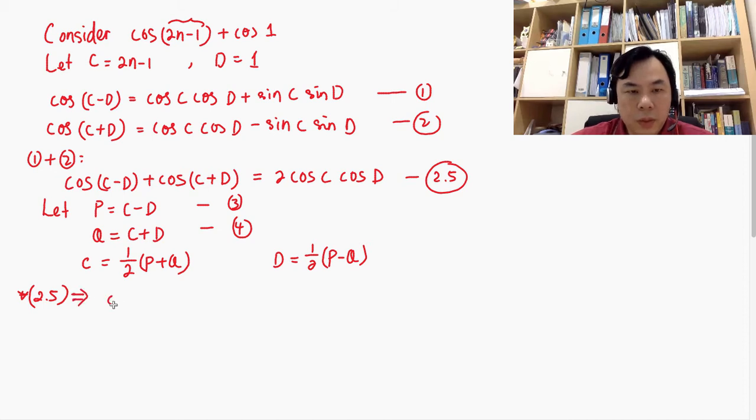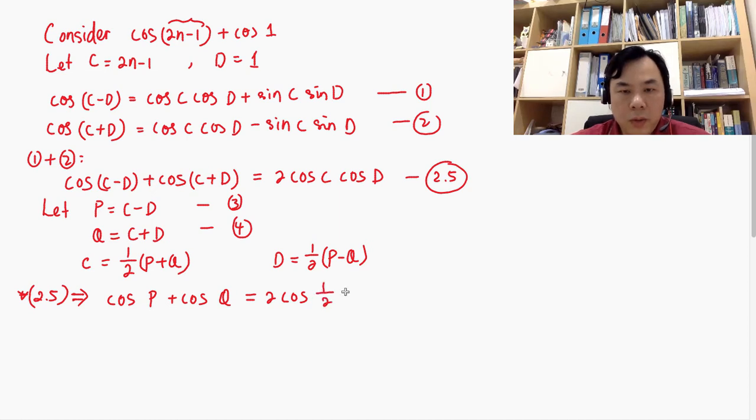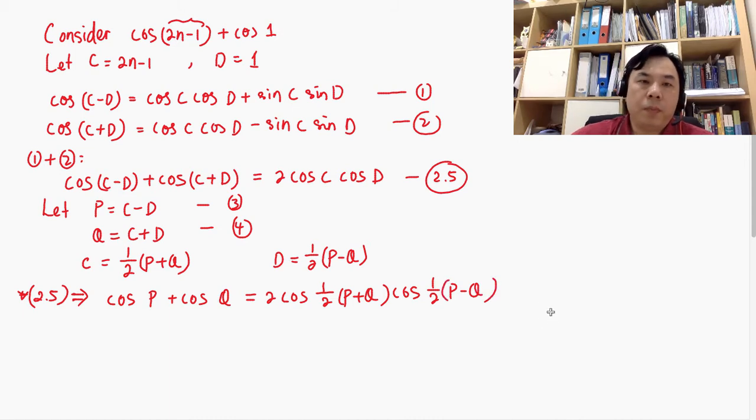Now you can see that it becomes cos P plus cos Q is equal to 2 cos, the c instead now will become half of P plus Q, and the d would instead become half of P minus Q. So comparing this one with this one, it'll be much easier to work with.